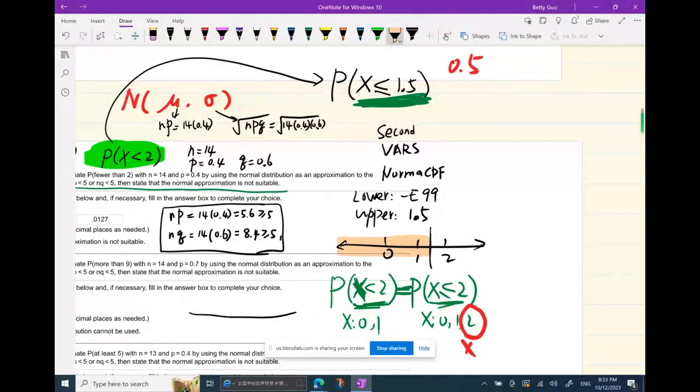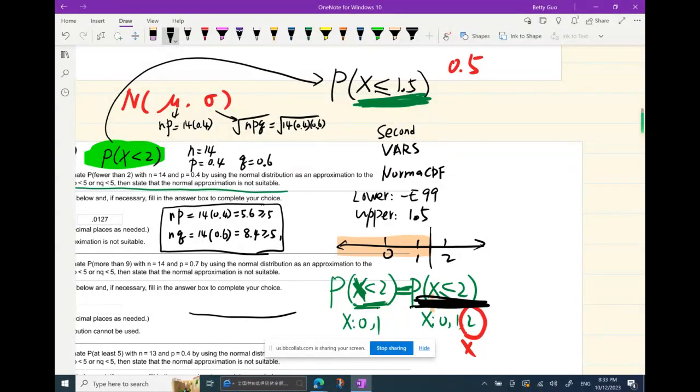So the upper is 1.5, not 2. If you enter 2, then you will have a probability that you are not actually looking for. You would get this probability, which is not what you want. What you want is strictly less than 2.